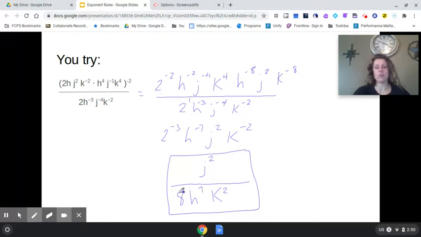Everything else moved to the denominator. 2 to the third became 8. H to the negative 7th became h to the 7th in the denominator. And k to the negative second became k squared in the denominator. So final answer, j squared over 8 h to the 7th k squared. This concludes the lesson on exponent rules.